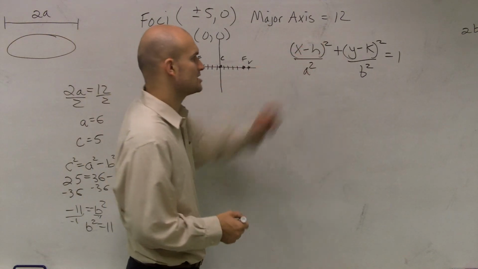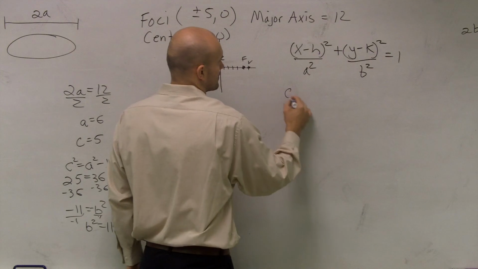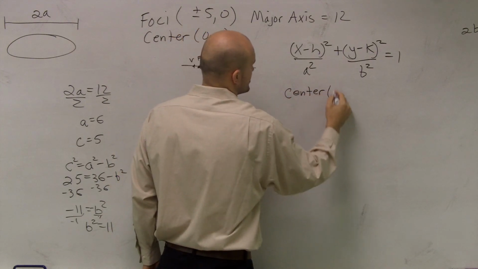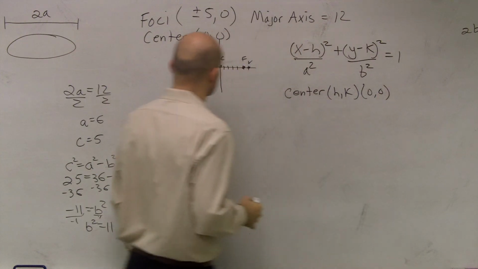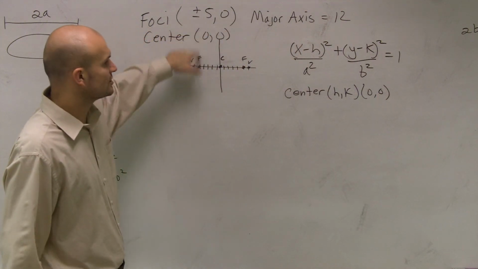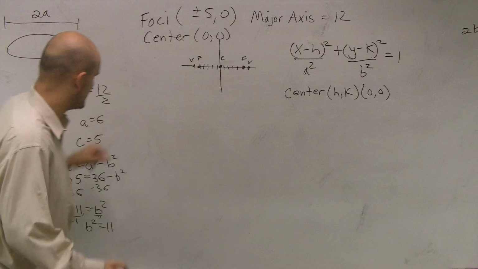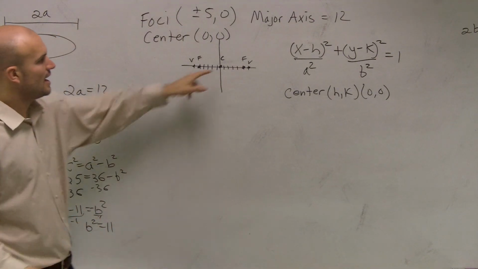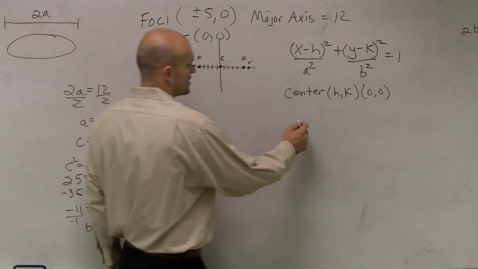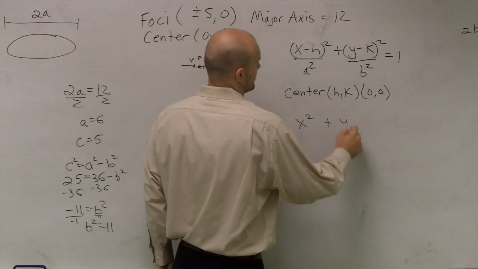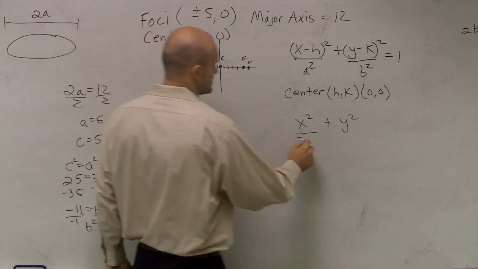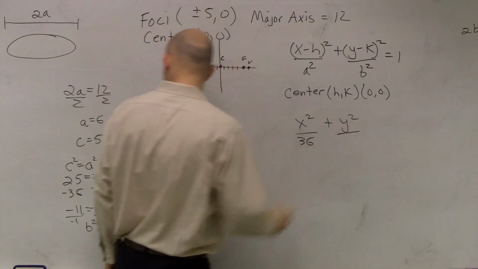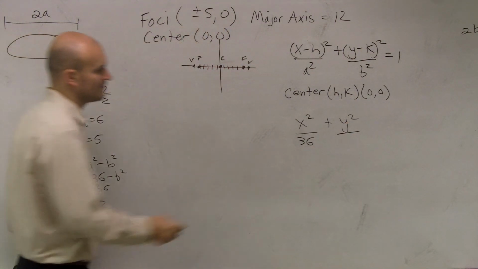Now I can just plug in my points. My center, which is h comma k, is at 0 comma 0. My foci gave me the distance c, and c allowed me to find b. I know my a is 6, so I write x squared over 6 squared, which is 36, plus y squared over b squared, which is 11.